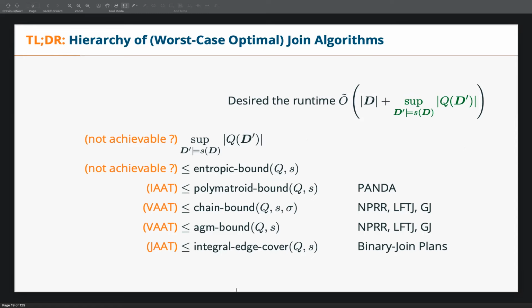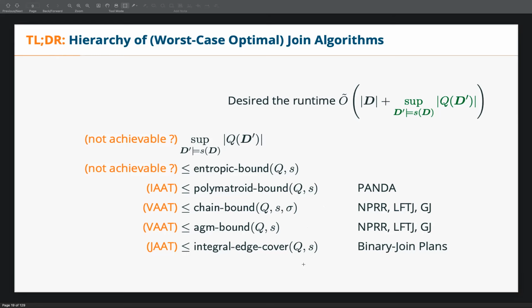So we have a few layers of approximation to this bound. There's the entropic bound, and the polymatroid bound, which I'll try to explain, since I don't think you had time to go through it last lecture. Then you relax it a little further to the chain bound and the AGM bound, which Dan already explained. And then you can even get the integral edge cover bound.